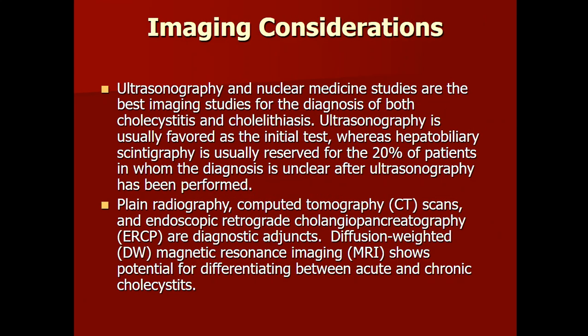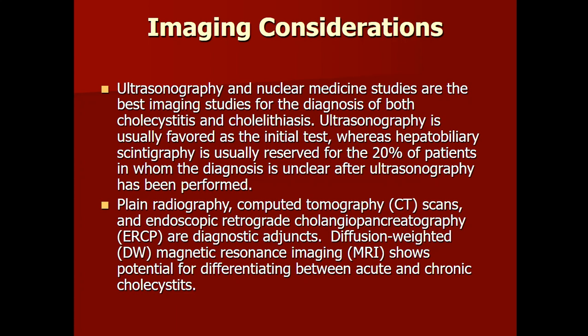Some words about imaging considerations. Ultrasonography and nuclear medicine studies are the best imaging studies for the diagnosis of both cholecystitis and cholelithiasis. Ultrasonography is usually favored as the initial test, whereas hepatobiliary scintigraphy is usually reserved for 20% of patients in whom the diagnosis is unclear after ultrasonography has been performed.